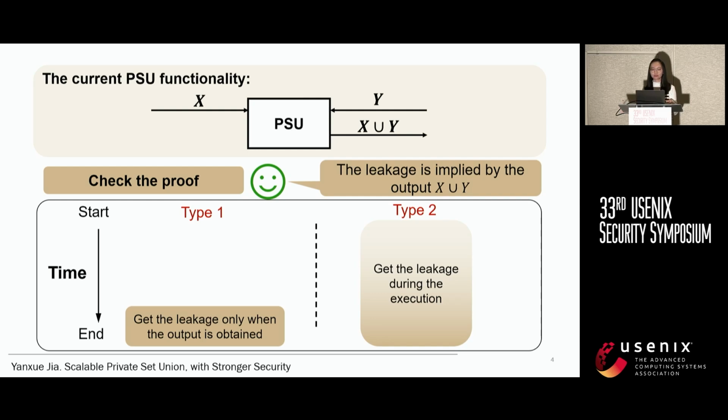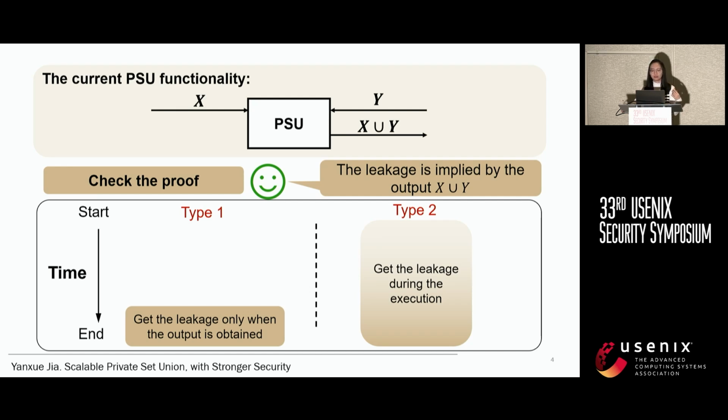The current PSU functionality is really simple, because the two parties just input the sets, and the receiver just obtains the output. And we found that the proof is correct. So what does it mean? It means that the leakage is actually implied by the output.